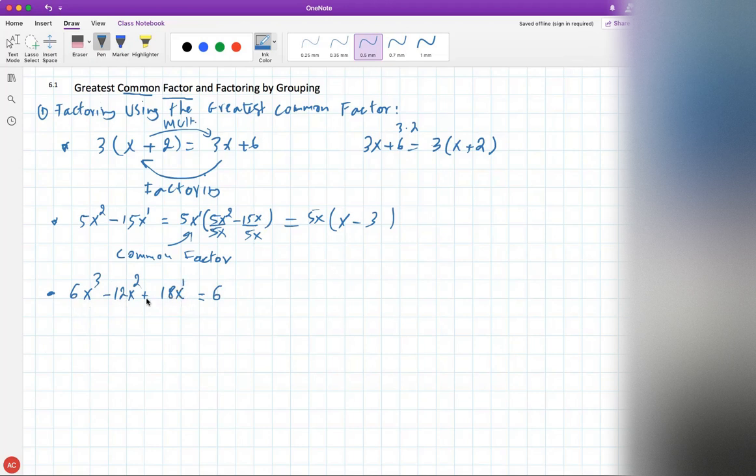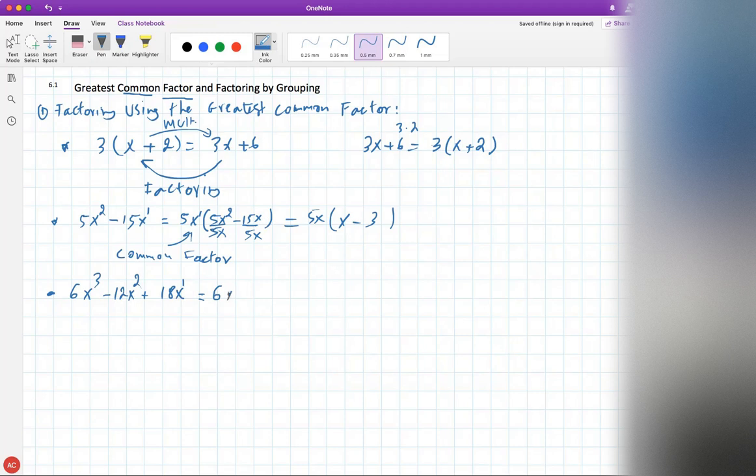For the numbers, we look for the highest number that is common between all the numbers, the greatest. For the x's, we take the one that goes into all of them, which is the lowest one. So x¹ is here, is also here and here. x² is not common because x² goes into this one, it goes into this one, but x² does not go into x¹.